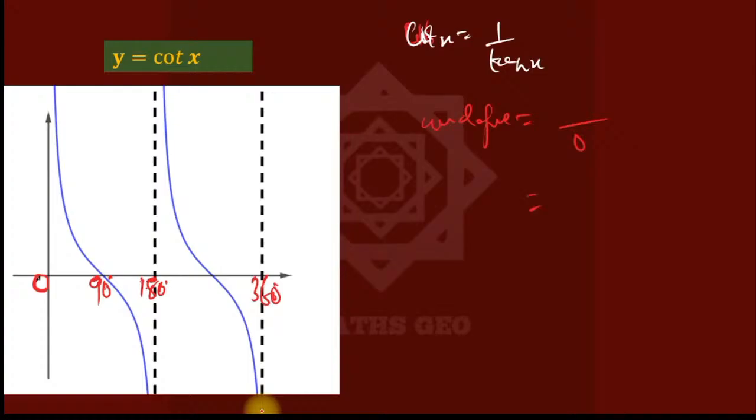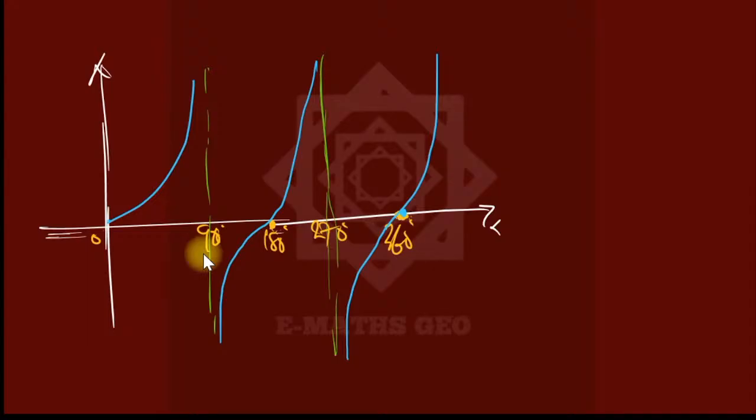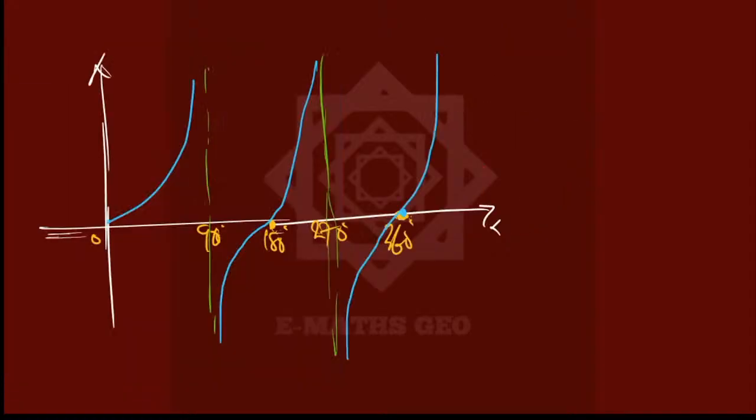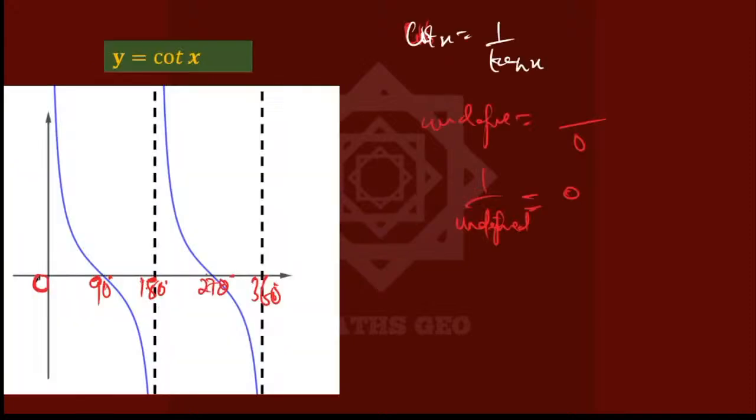So that's why it's 0 at 90. For cot, it will be 0 at 270 too. Where there is a vertical asymptote at tan, it will be 0 at cot. So that's how we sketch the graph of these functions.